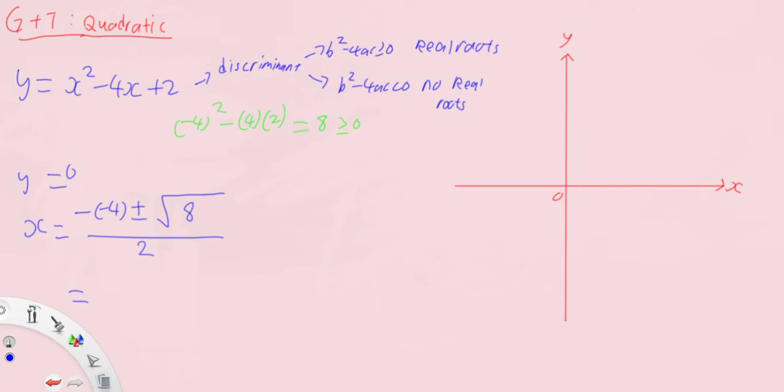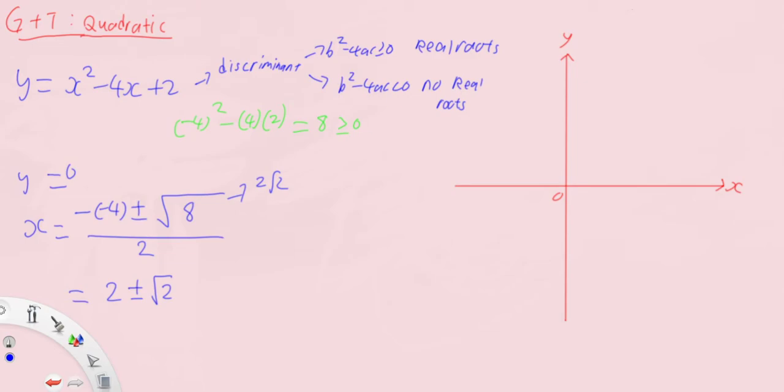This then gives us 2 plus minus root 2, because 8 is basically 4 times 2, so 2 root 2. Alright, so those are our roots. So we have 2 plus root 2 and 2 minus root 2.